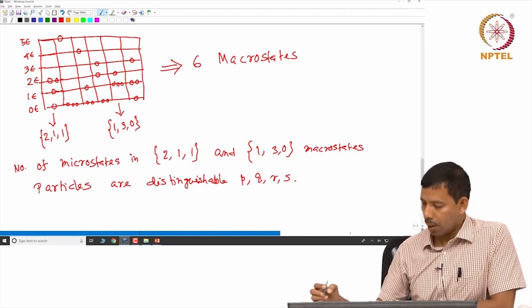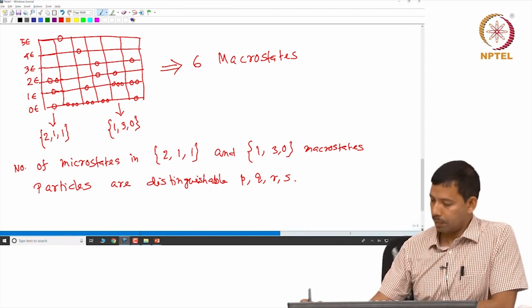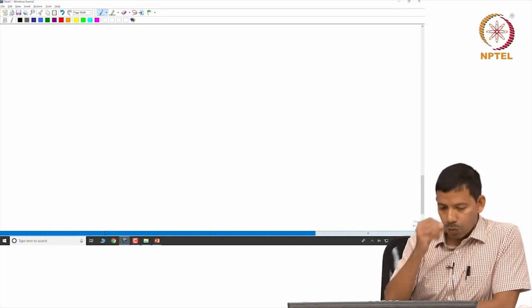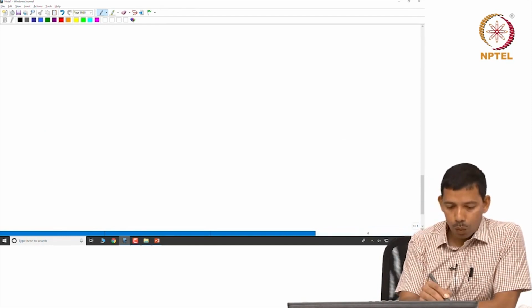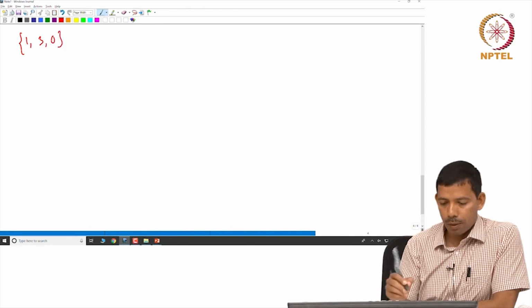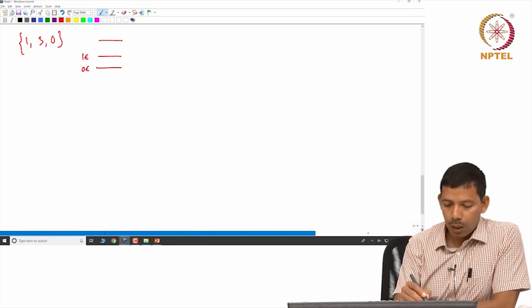So let's look at for 1 3 0 distribution how many microstates we can have. So we have energy states 0ε, 1ε and 2ε.